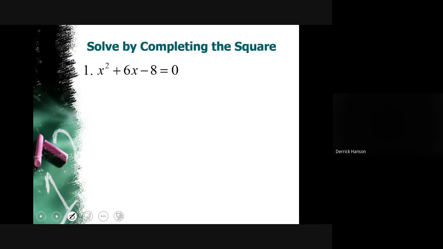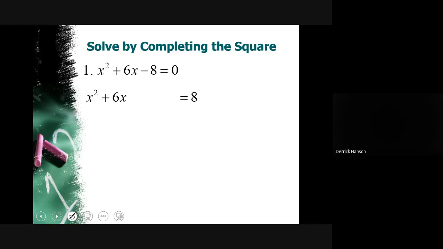We don't like that. We want to change that and force this into a trinomial that will factor perfectly. But to do that, we need to pick our own c value, which means we can't have a negative 8 sitting there, so we need to add that to the other side of the equation, thereby leaving us our own blank spot, our own hole to fill with whatever c value we choose.